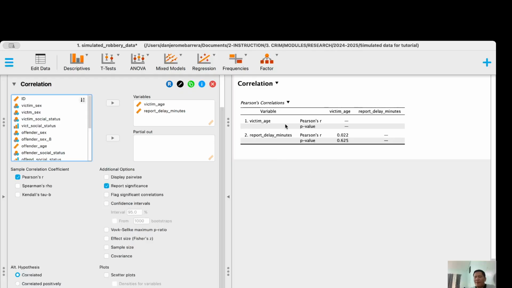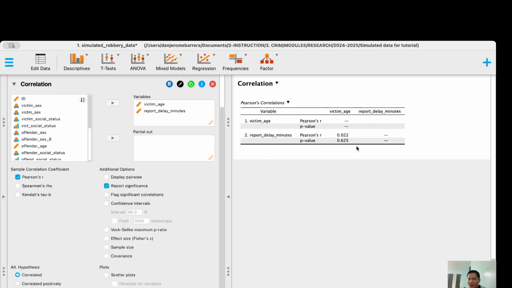So here is the result. First column, these are the variables: victim's age, number 1, and number 2, report delay in terms of minutes. In the second column, Pearson's R and the p-value. Pearson's R, this value 0.022, p-value is 0.625, as to victim's age versus reporting delays.